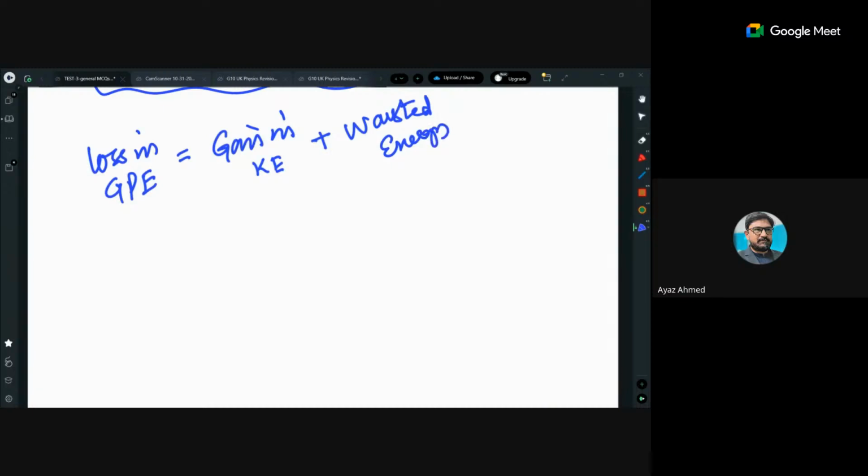Is this point clear to you? So if 100% of the energy is lost from GPE, 25% is dissipated and the remaining 75% is converted into kinetic energy. Is it clear?